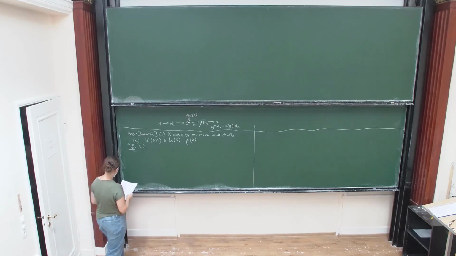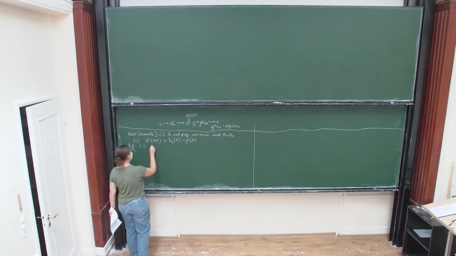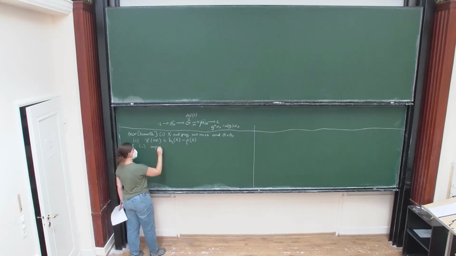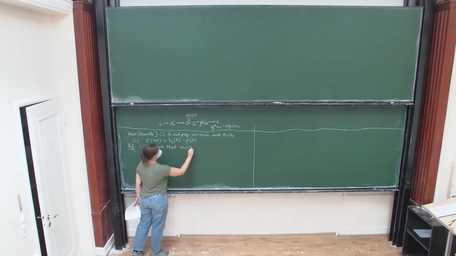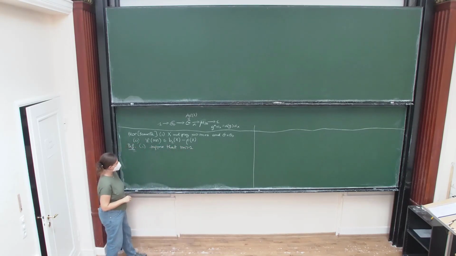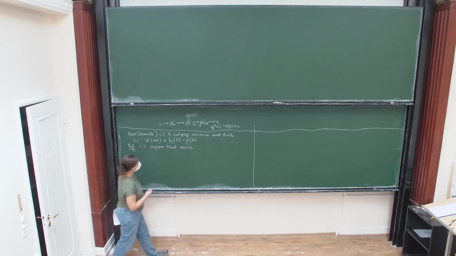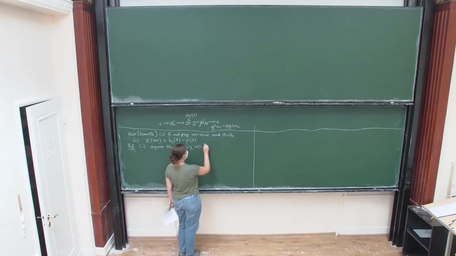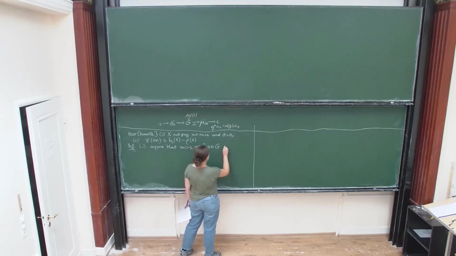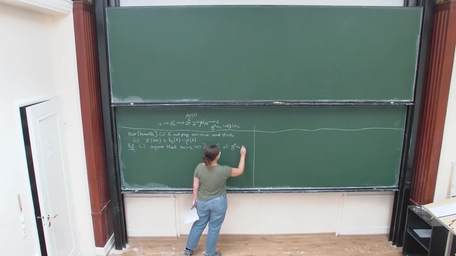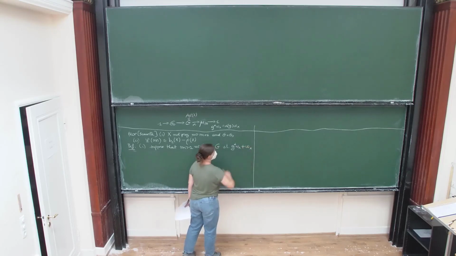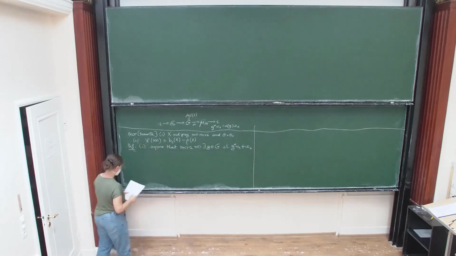Okay. Suppose that is not the case, and that M is strictly greater than 1. Then there exists an element in our group that is not invariant, right?